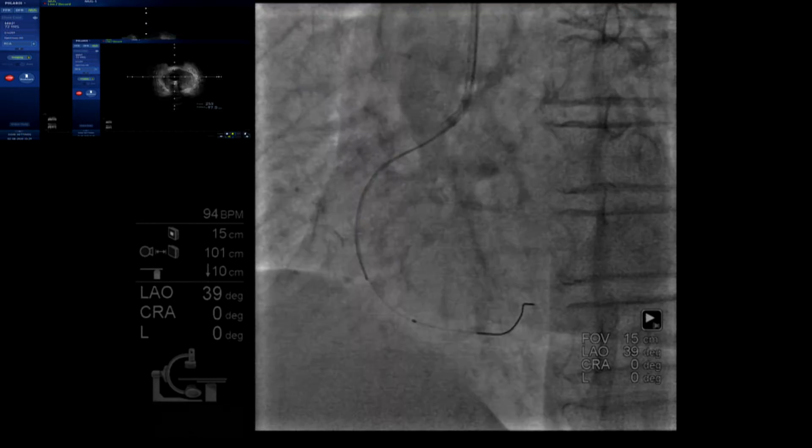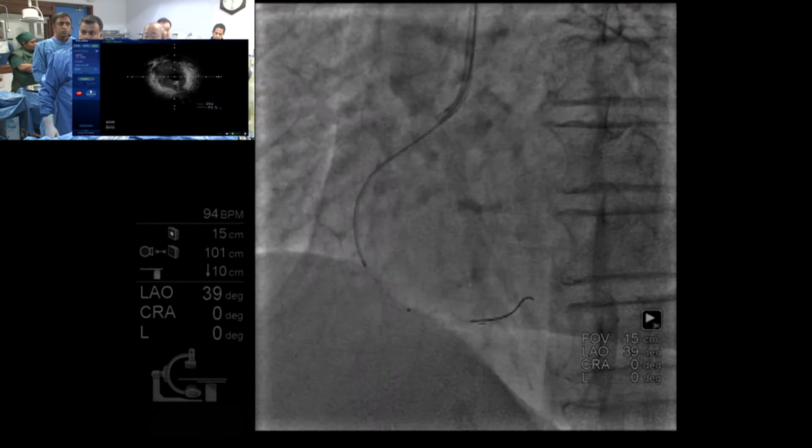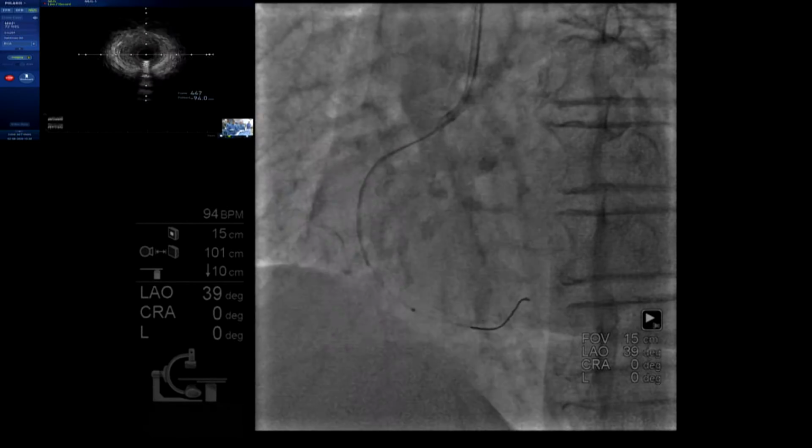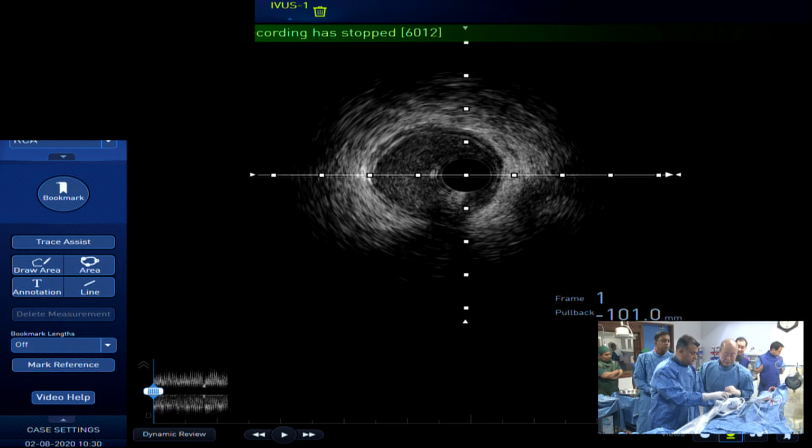So let's see the IVUS image. The panel can see the IVUS, right? Yes, we could. So you're pulling back from the mid RCA. Still very far. Okay. It's moving, right? Yeah.